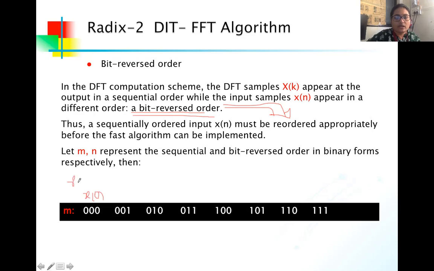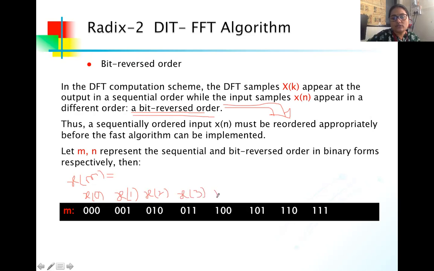I have taken 8 points, so this is x of m, which consists of 8 values. This represents the first point, then the 0 first, then this is the second value, and this is the third value.